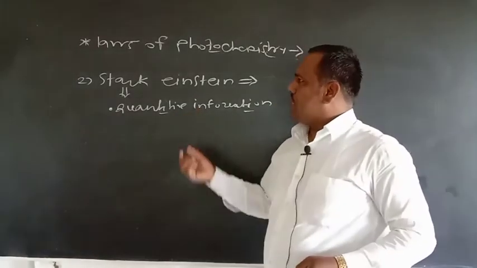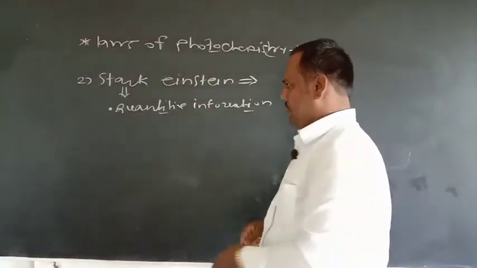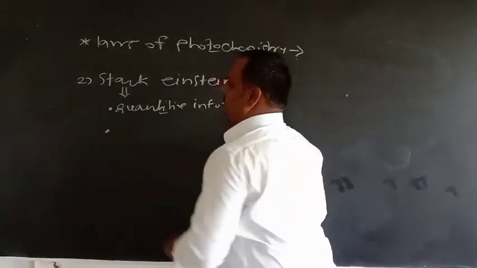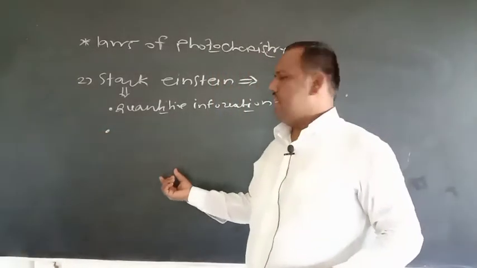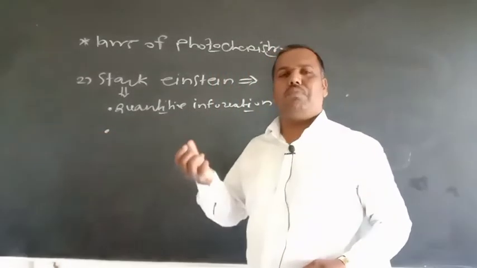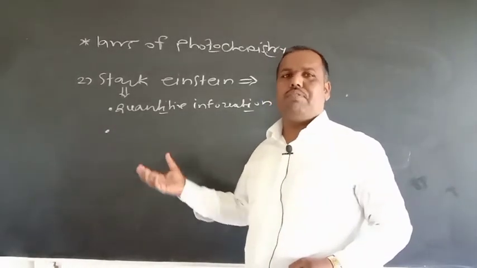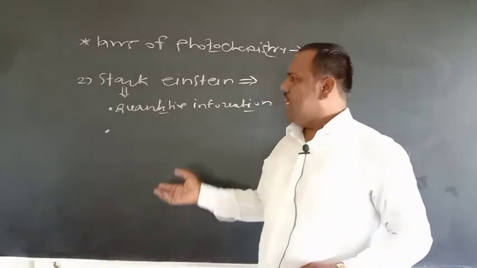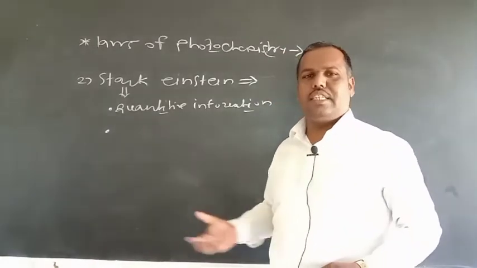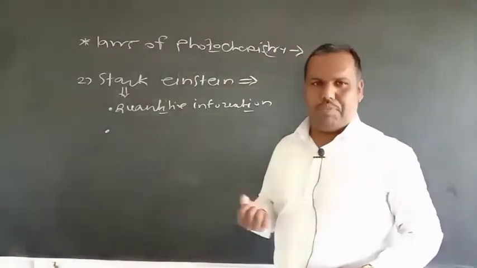According to the Stark-Einstein law, if one molecule is present, it will absorb 1 quanta of radiation. If 10 molecules are present, they will absorb 10 quanta of radiation. If 100 molecules are present, they will absorb 100 quanta of radiation.